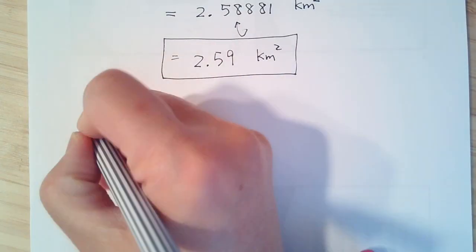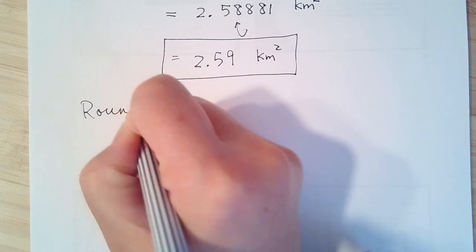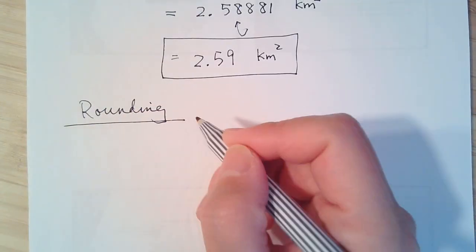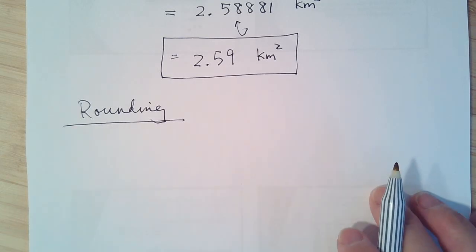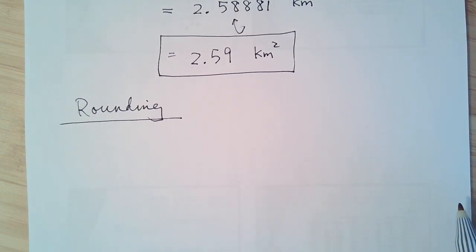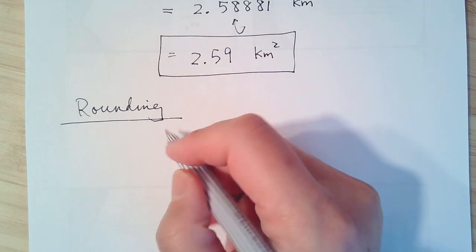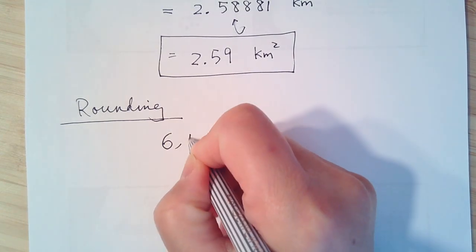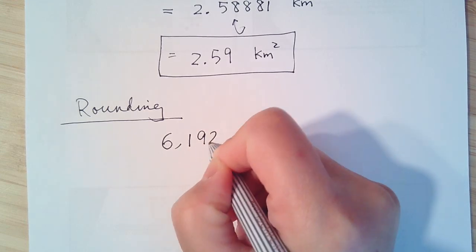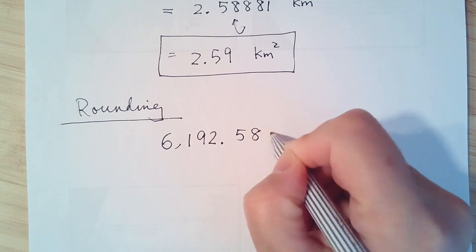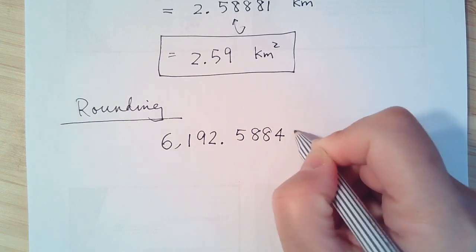You see this a lot, rounding. We learned significant digits. Now we're going to learn rounding. First of all, let me give you a big number, okay? I give you 6,192.58842.